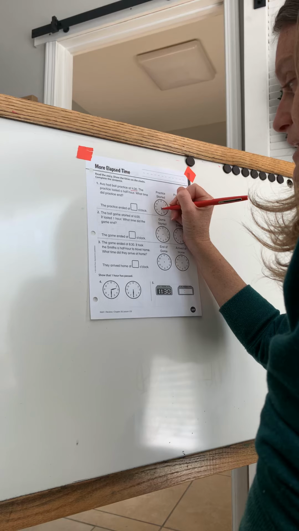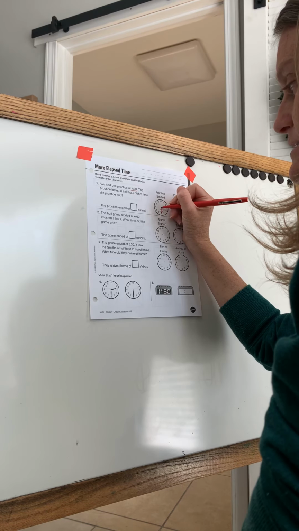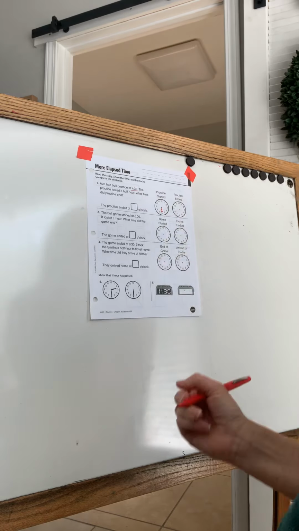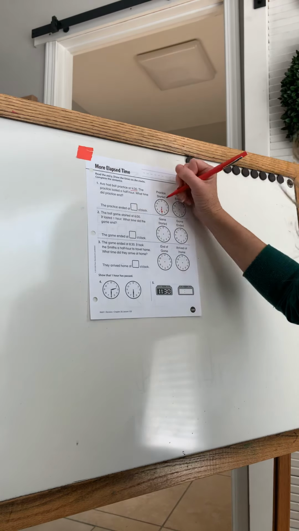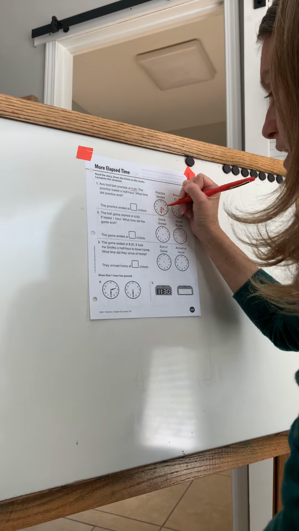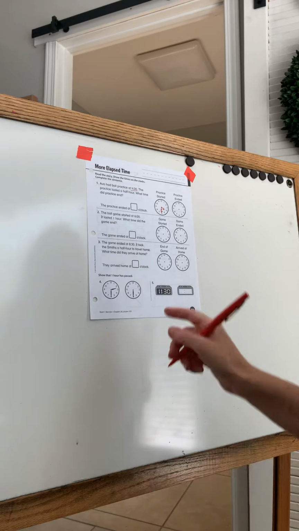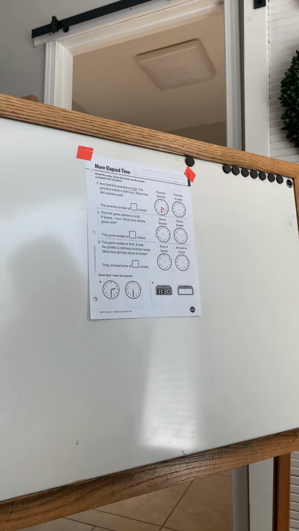Here is 30 minutes. So I'm going to draw my long hand there for 30 minutes, because that's how many minutes. And then it says the hour is 4. So I'm going to find 4 on my clock, and my short hand is going to be there. So there is Ava's practice at 4 the hour and 30 the minutes, okay?